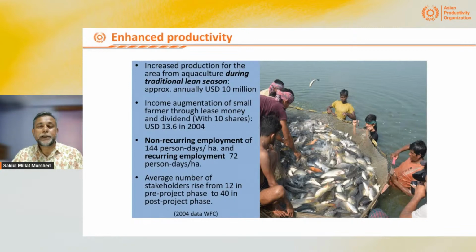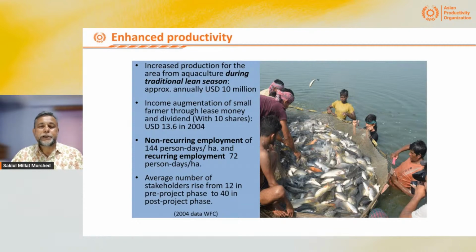If you calculate it at present, it is more than $40 million in one upazila. So it is a huge boost of productivity. It augmented the income of small farmers through their lease money and dividends. If you have 10 shares, the income was enhanced by $13.6 in 2004, which is about $40 nowadays.